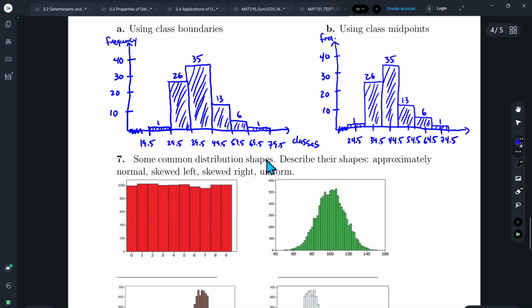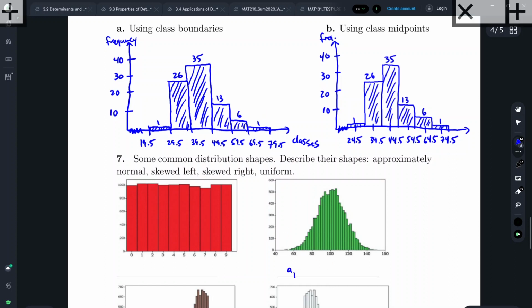There are some common shapes. Approximately normal is the bell shape. So something like this would be considered approximately normal, right? It should be symmetric about the middle. The height of the graph should be around the middle, and symmetric on the left and the right, and it has this bell curve shape.